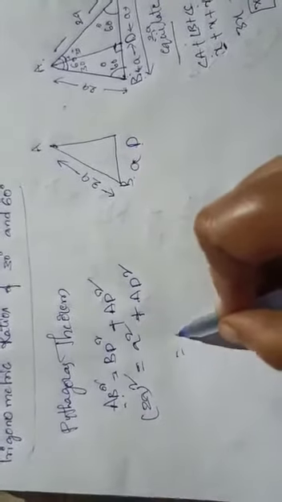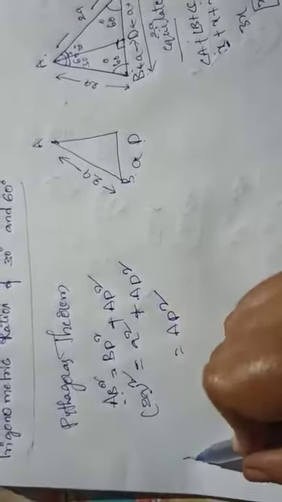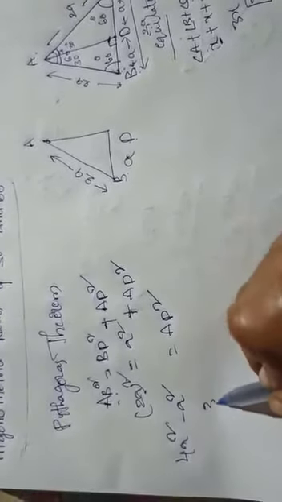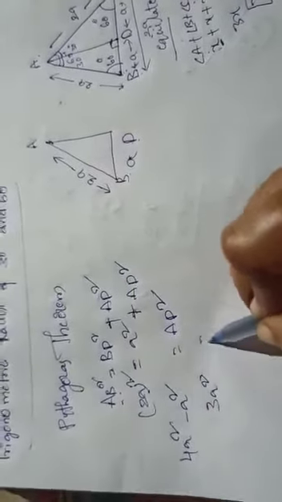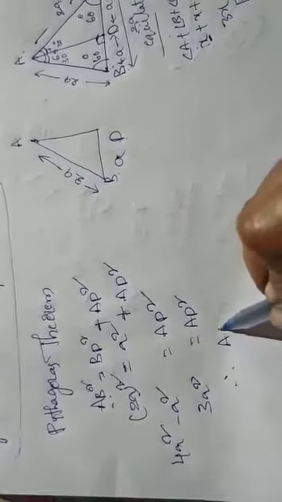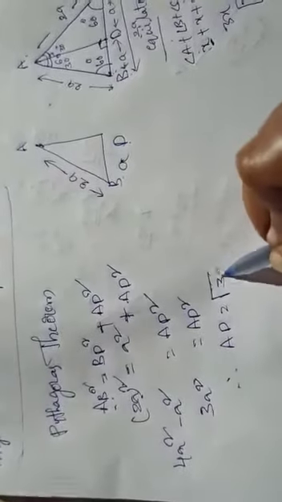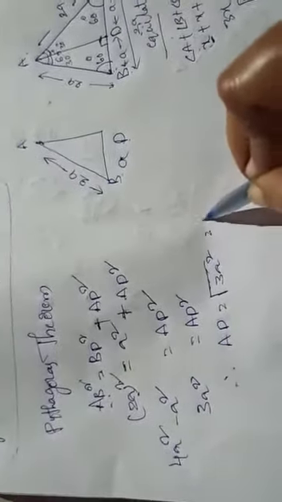So AD square equals 2a whole square, 4a square, minus a square, which equals 3a square. Therefore AD equals root of 3a square, which equals root 3 into a. Here AD equals root 3 into a.